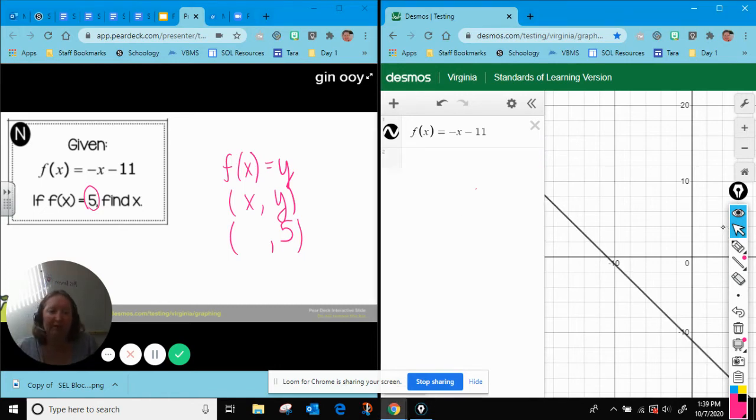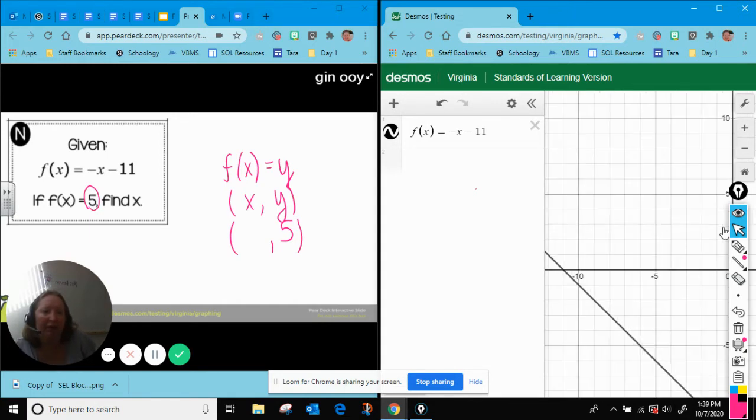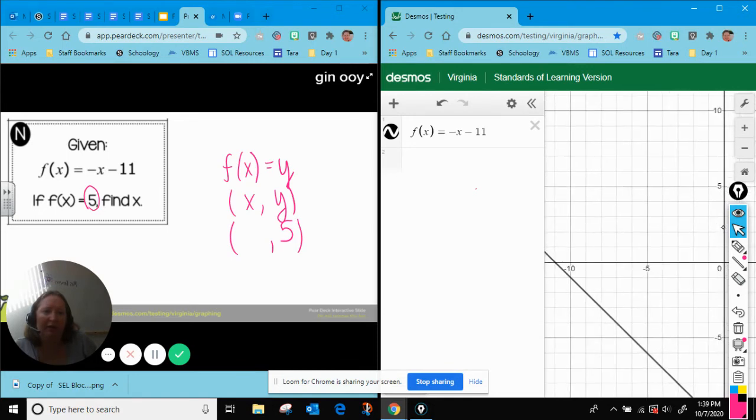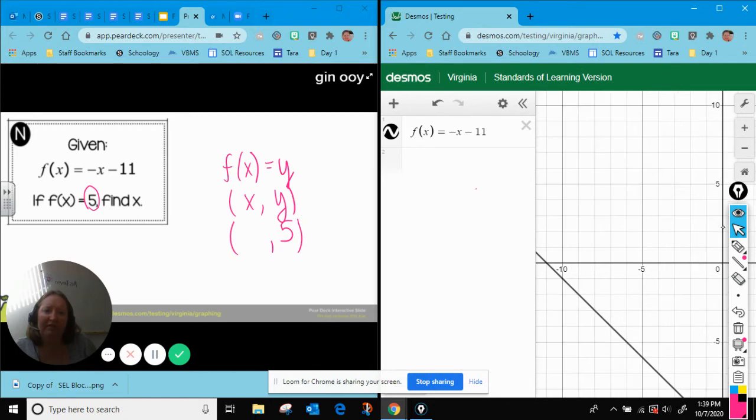So when you're looking for the x value, but you're given the y value, the table doesn't help you, but that doesn't mean you can't get your answer from Desmos. You just need to use the graph. I'm going to zoom in a little bit, and then this will let you drag the graph around. Maybe I'll just squeeze this a little bit more. So it's asking me for where the line is or what the point is when the y value is 5.